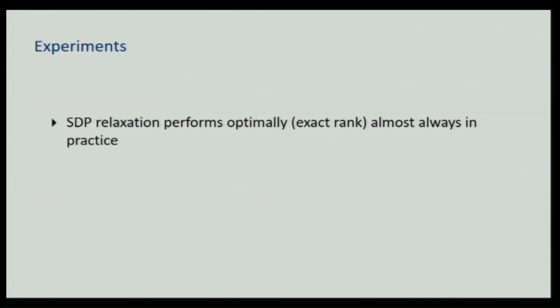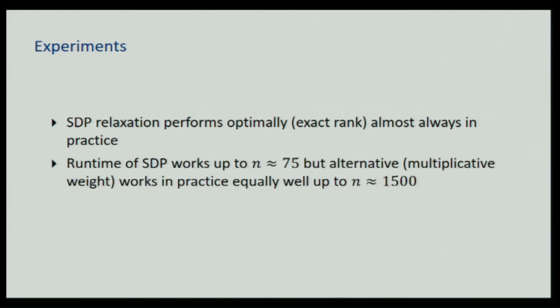Now experiments. So if you do SDP relaxation, it actually does quite well and performs optimally a lot of the time. But with SDPs you can't go very high. These are just MATLAB experiments. On the other hand, we can solve this class of SDPs with the multiplicative weights method, and then we can go up to 1,500 size data sets in minutes.